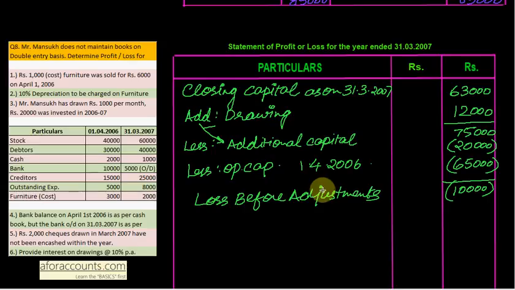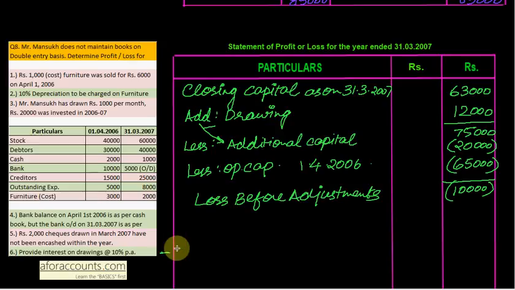Now what adjustments are left with us? The adjustments left with us, one is sale of furniture, the other is depreciation on furniture, and the third one is that they are saying we have to make an entry to provide interest on drawings at the rate of 10% per annum.